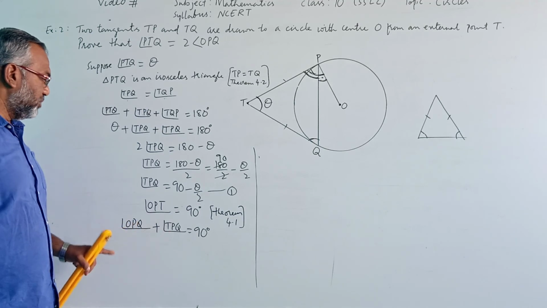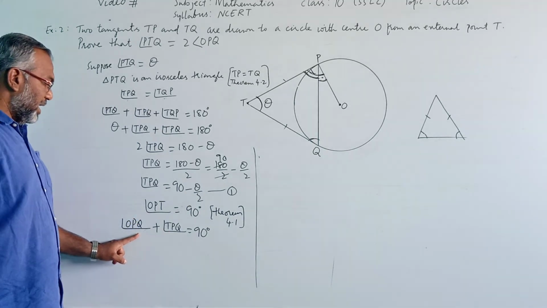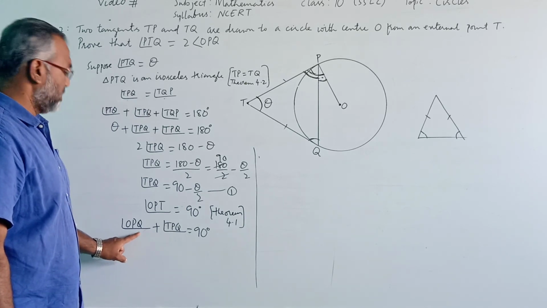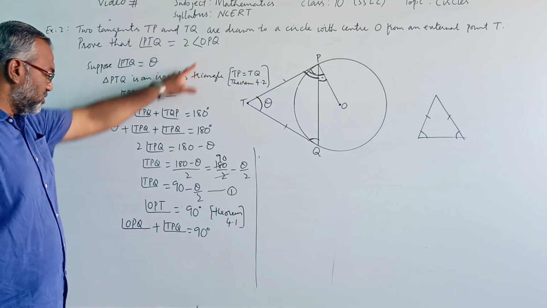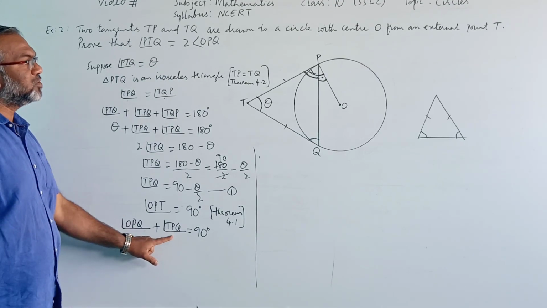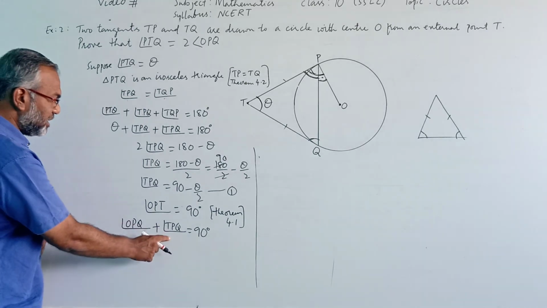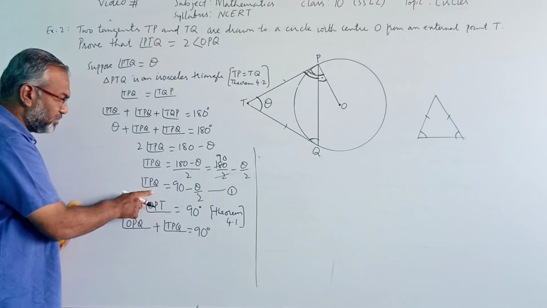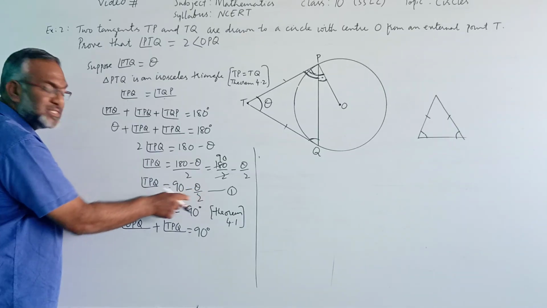Now we know angle OPQ, and we have to get PTQ. But angle TPQ is equal to this one. From equation number 1, angle TPQ is equal to 90 minus theta by 2.